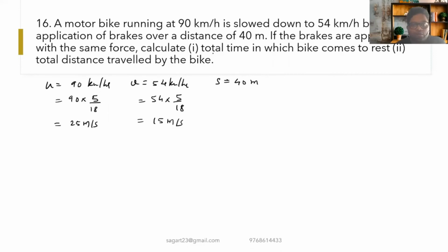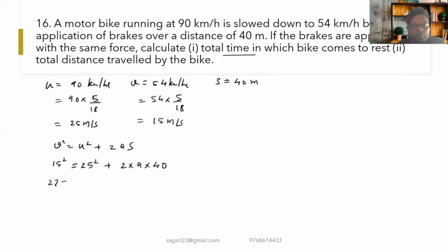Yeah. So now they want the total time in which the bike comes to rest. We can find the acceleration first if we want to find the time. So we have v squared is equal to u squared plus 2as. So 15 squared, this is 25 squared plus 2 into a into 40.